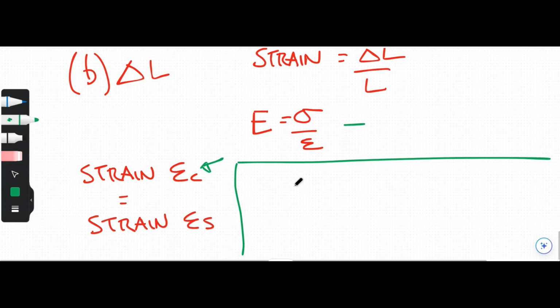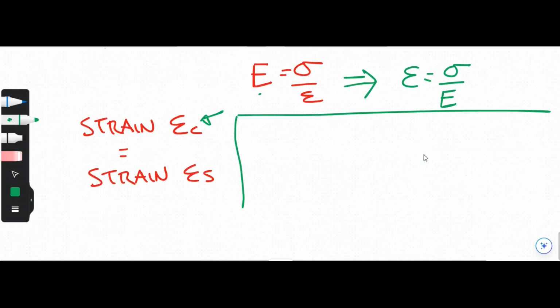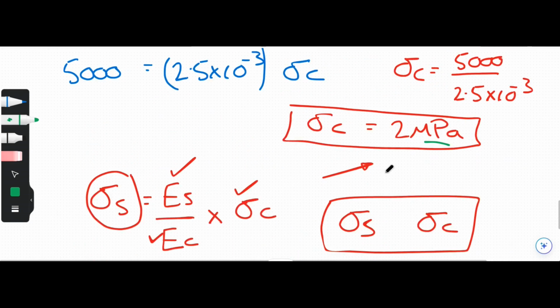So I know that Young's modulus is stress divided by strain, which means that strain is going to be stress divided by E. Now I know the stress in the concrete for me is 2 mega. So I'm going to do this now. So you do the same thing. Strain in the concrete equals 2 times 10 to the 6 divided by Young's modulus of the concrete, which is all the way up here somewhere.